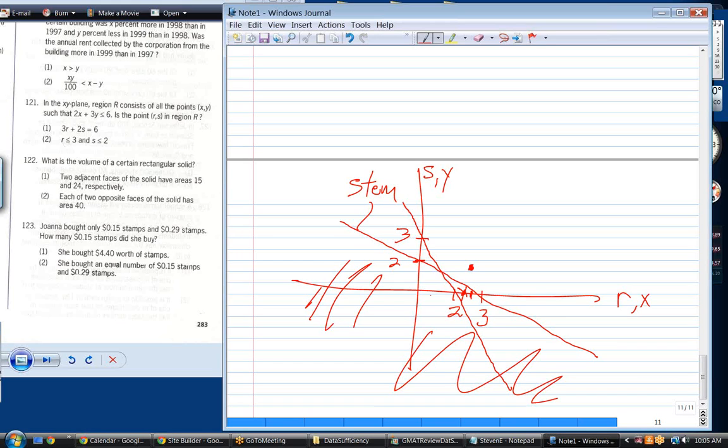So that alone doesn't work either. I didn't pay any attention to this other line here, which is statement number 1. So now to figure out, can I draw points on either side of this thing using both?